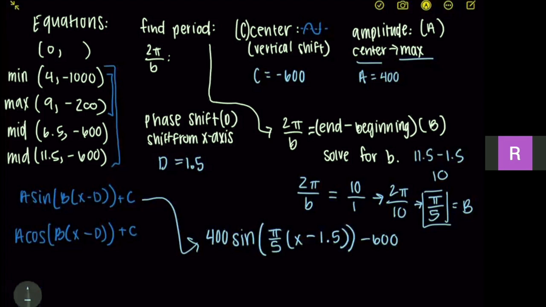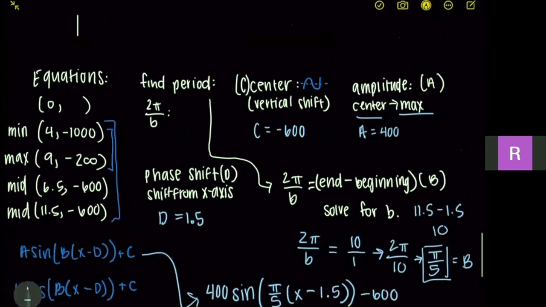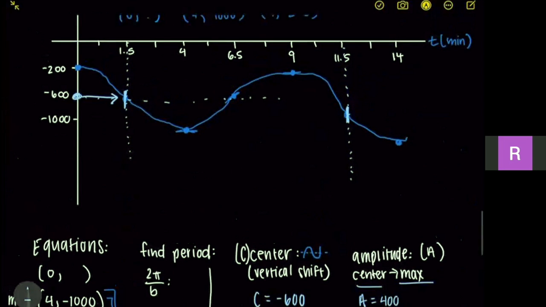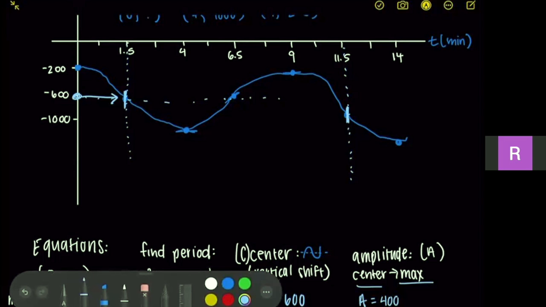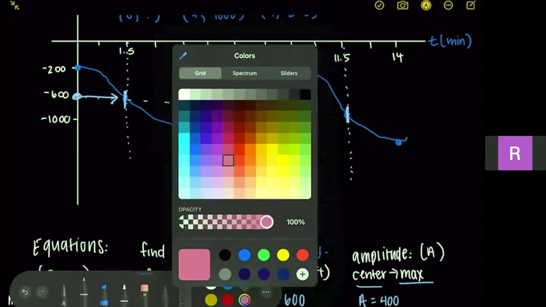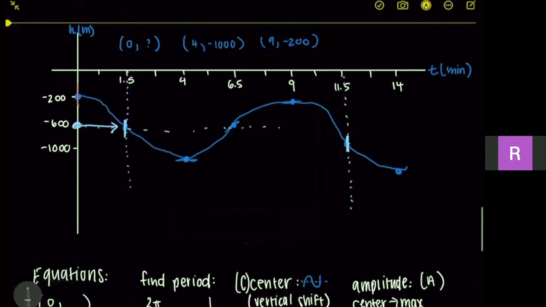Then we can do the same thing to find the cosine function using a different period, because the cosine function crosses the x-axis at a different point in time. So for the cosine function, we can actually start at the beginning, probably. So we would have from, let me find a different color, from here, this can be the start of our cosine function.